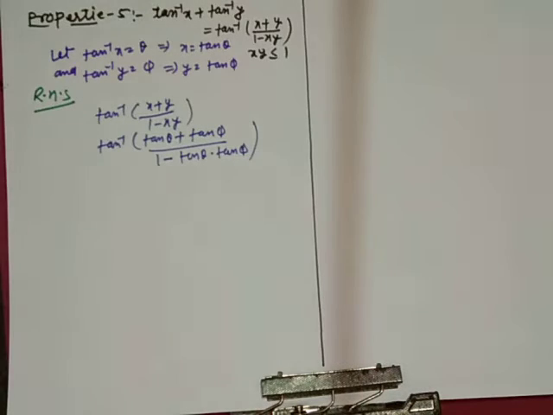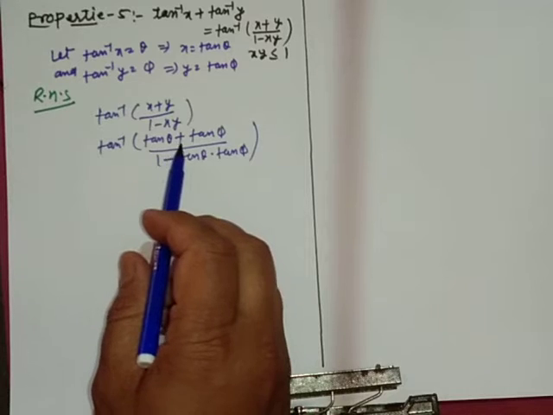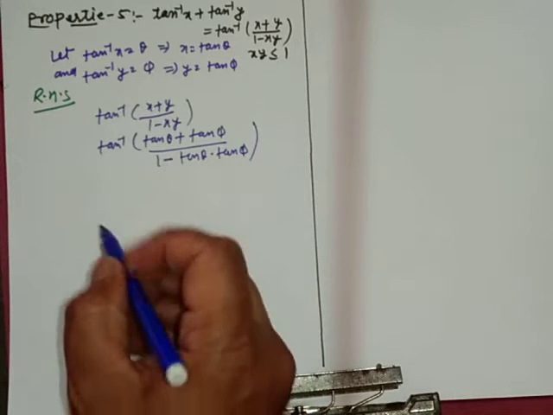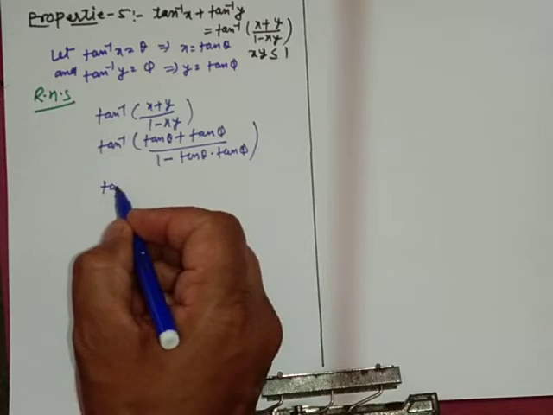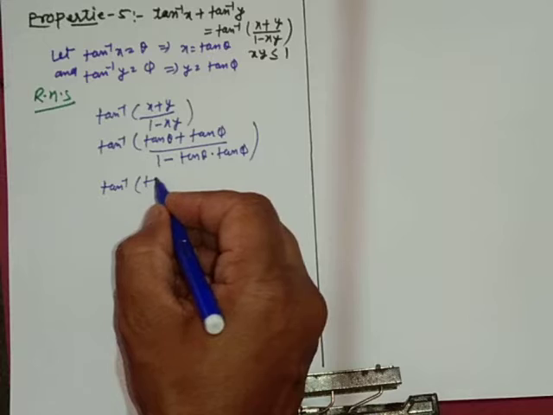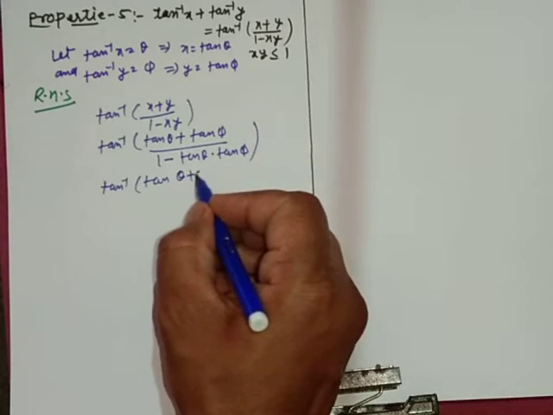Clear? You might remember a property from class 11th: (tan A plus tan B) upon (1 minus tan A tan B) is tan of A plus B. So we can write it as tan inverse tan of (theta plus phi).